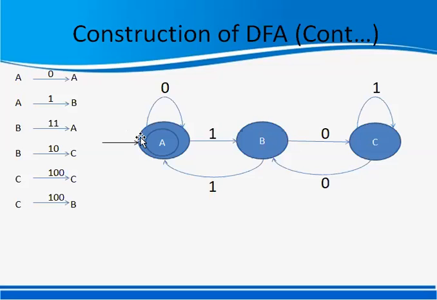So state A represents the set of all strings that generate remainder as 0. So from state A on input 0, our next state will be A.